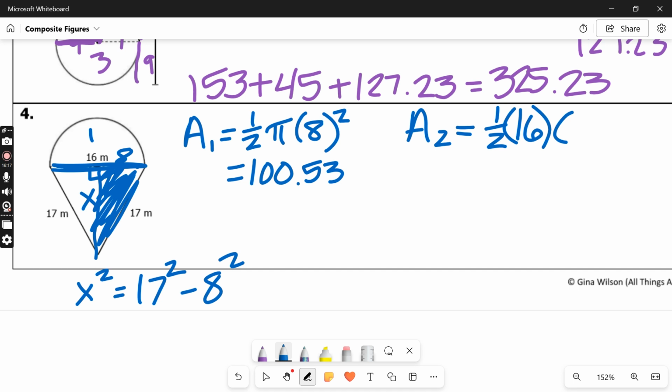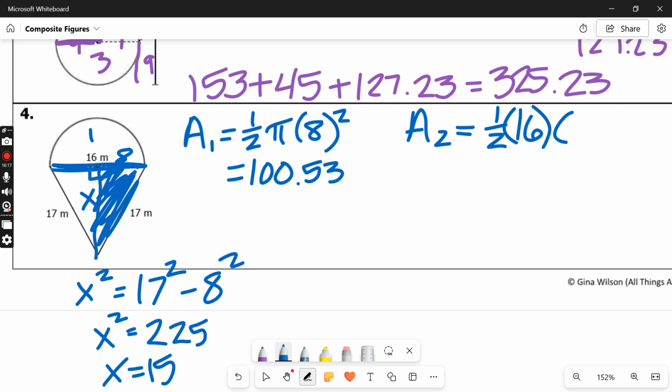Okay. Which is 225. And then I'm going to square root that. So when I square root that, I get that that height is 15. Okay.